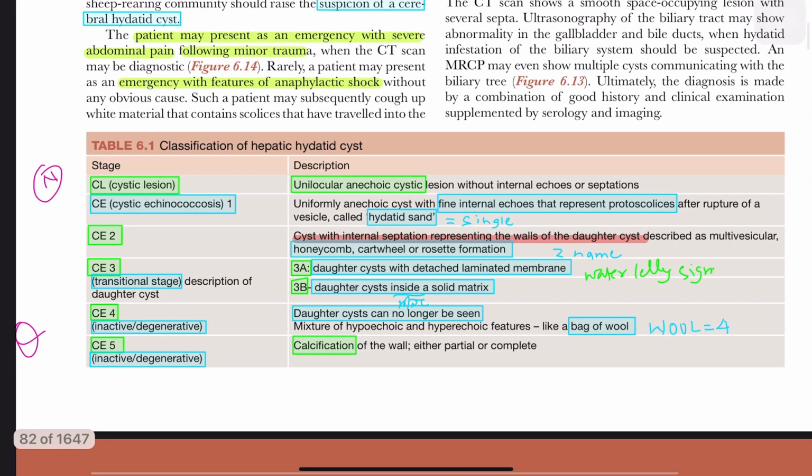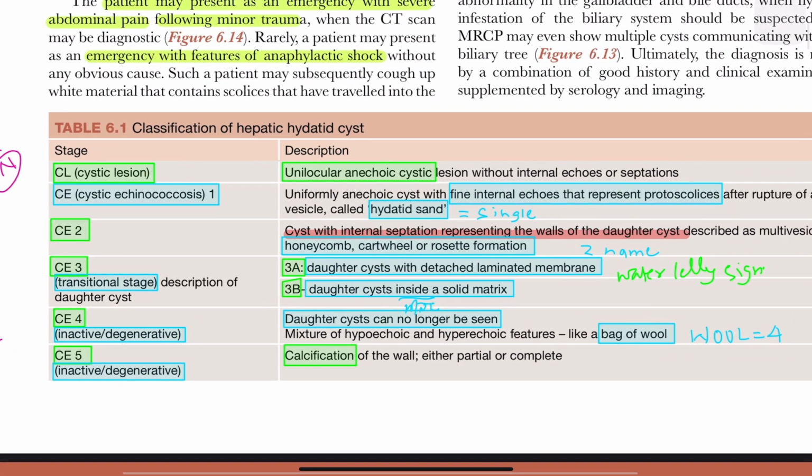Let's see the classification of hepatic hydatid cyst. Previously it was the Gharbi classification, but now it has been changed. We will see the Gharbi classification also later. CL means cystic lesion: a unilocular anechoic cystic lesion, cystic echinococcosis 1. It contains fine internal echoes representing protoscolices, called hydatid sand.